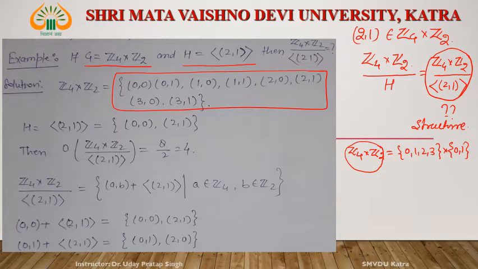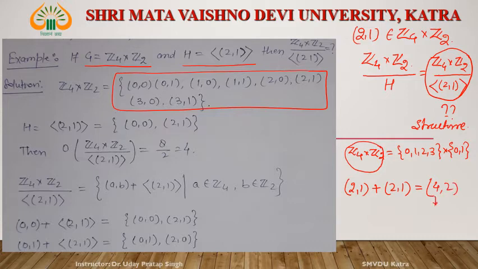Now see, what is H? H is generated by (2, 1). Consider (2, 1) and operate it with (2, 1). What is this? 2 plus 2 is 4 and 1 plus 1 is 2.